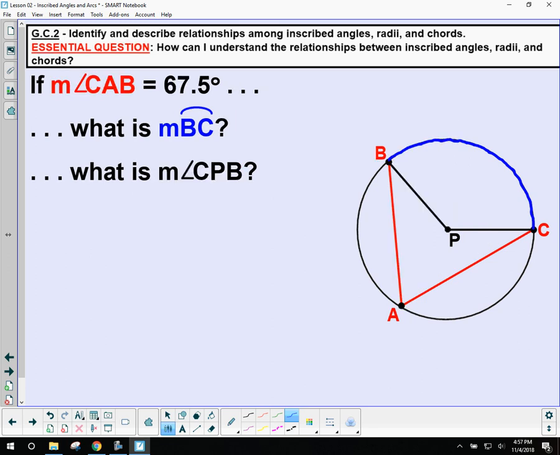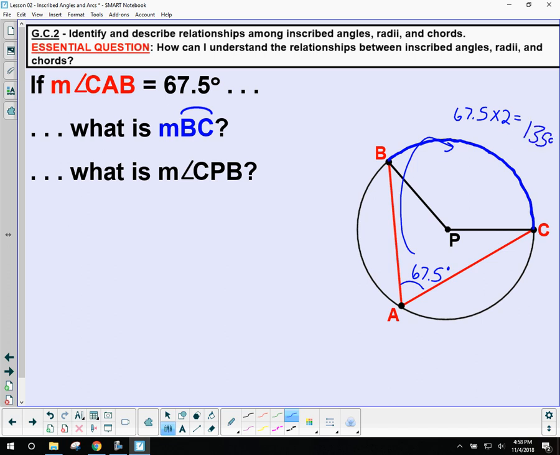We have angle CAB. Look where CAB is at. This guy is going to be 67.5. So to move it out to this arc, we need to double it. So 67.5 times 2, let me use my handy dandy calculator, we get 135.